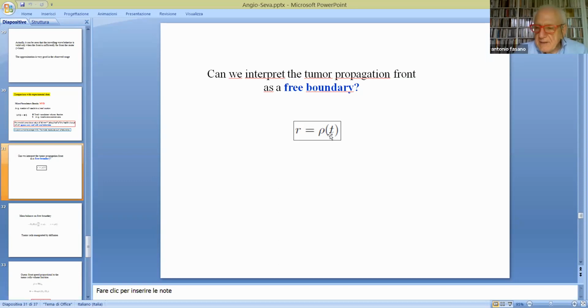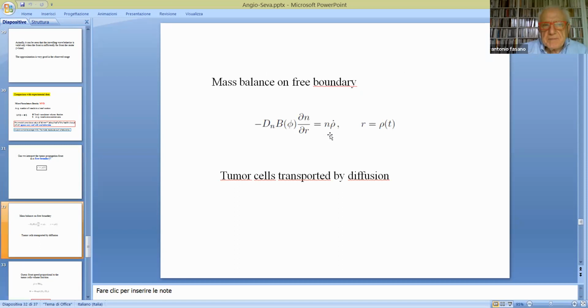Now we take the limit case in which the front is collapsing to a sharp interface, which is our free boundary. Now there is an obvious condition on the free boundary. So the free boundary is traveling and is transporting some cells, then this mass has to be provided by diffusion. So this is the mass balance condition on the free boundary.